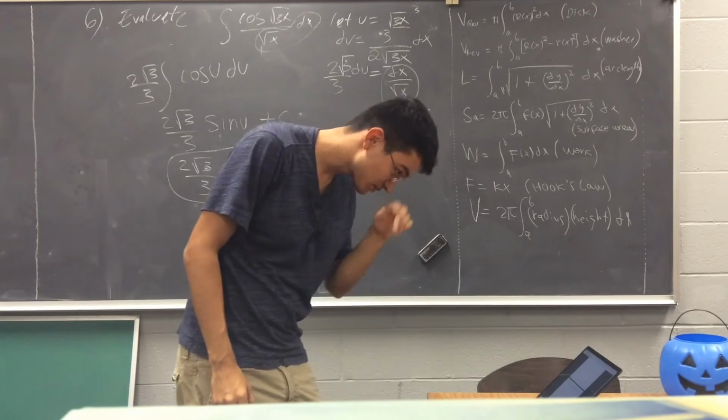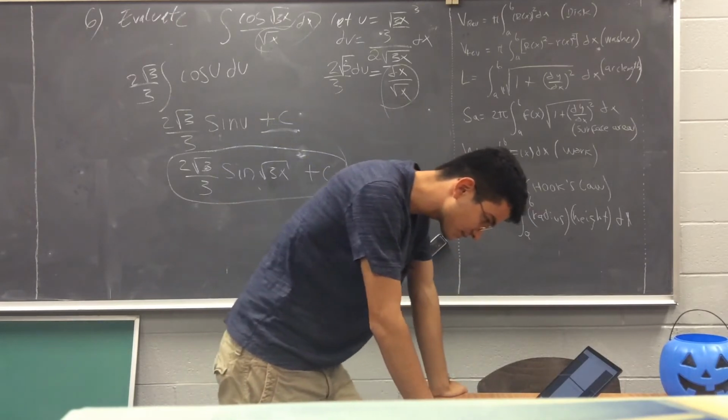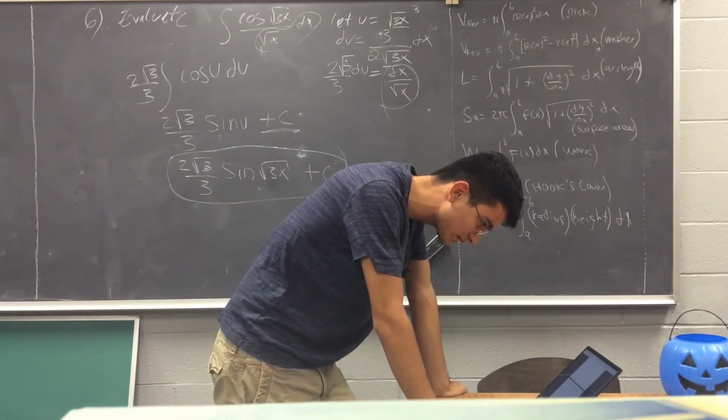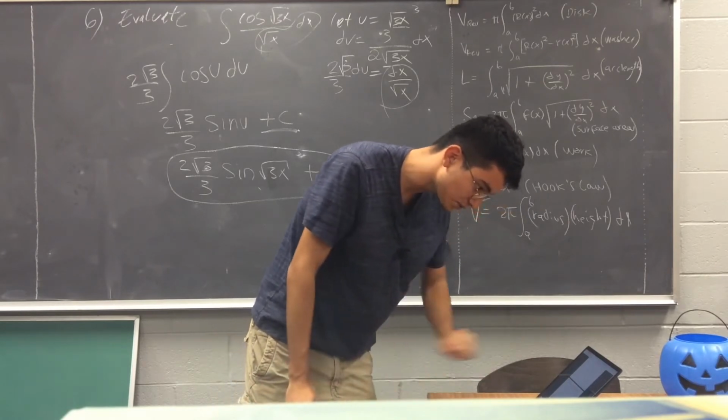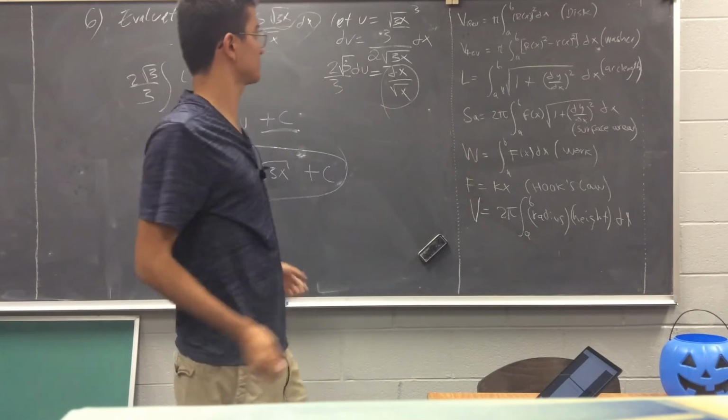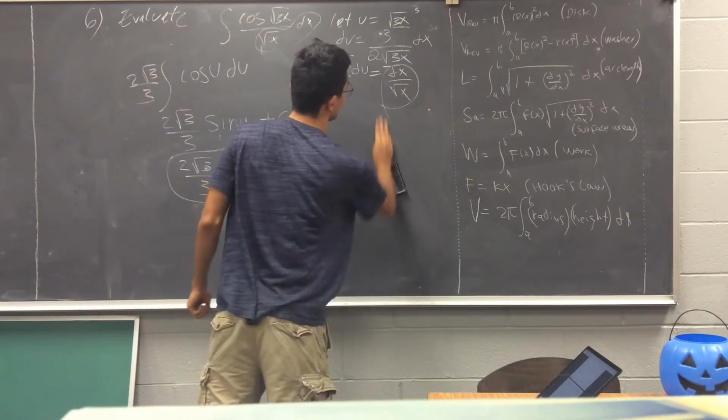Now let's move on to question 7. Find the arc length of the curve x equals 1/6 y cubed plus 1 over 2y between 1 and 2, between y equals 1 and y equals 2. All right, so let's see what we can do.